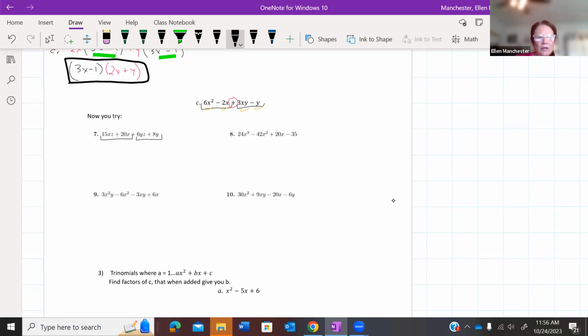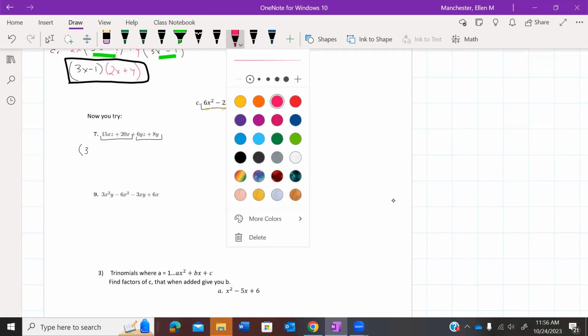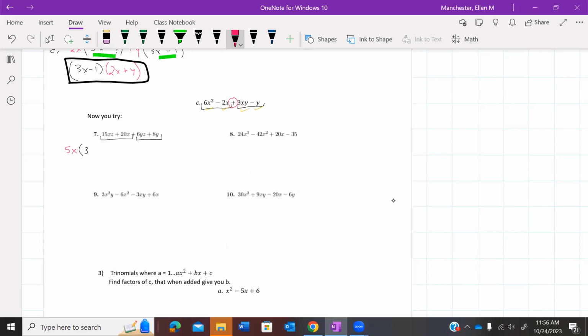All right, so we're gonna group and group. So what's in common on number 7 is 5x. What's left? Oh, let me do this color-wise. I think that helps. Okay, so what's left is 3z plus 4.